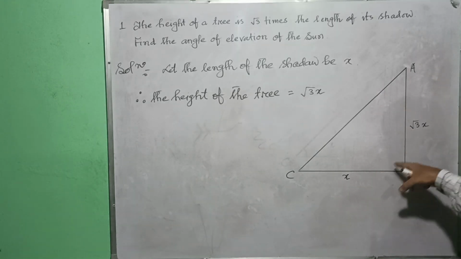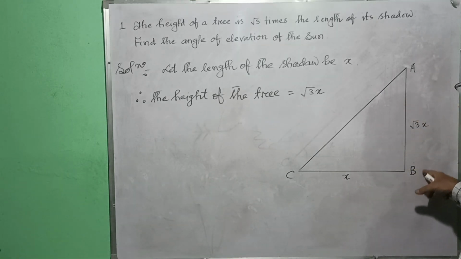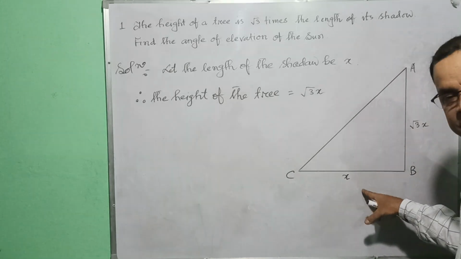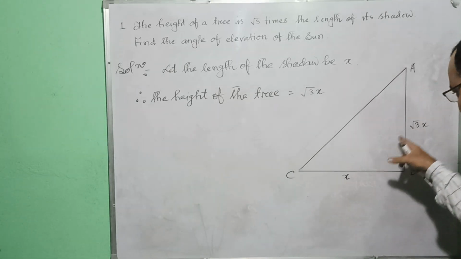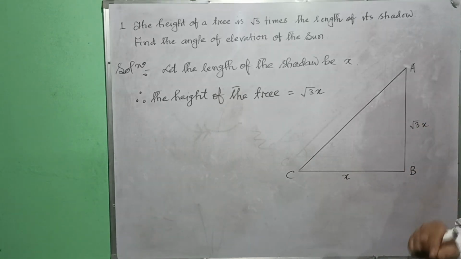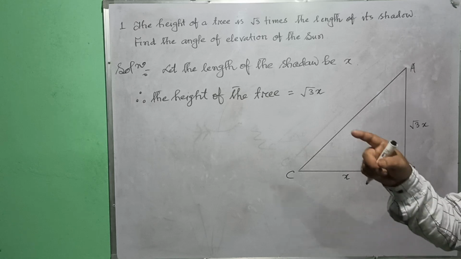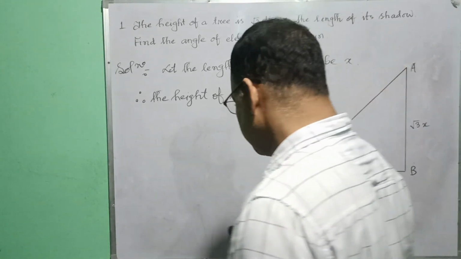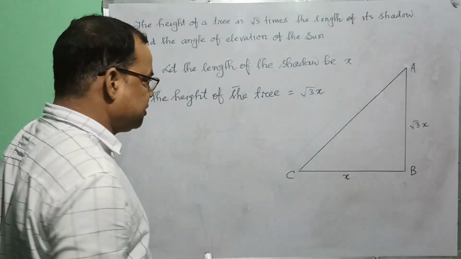Here it is very clear that AB we are getting √3x, and BC, the length of the shadow, is x. So it is related between perpendicular and base. So we will choose tan because tan is perpendicular by base. So this is the way we can choose the ratio.